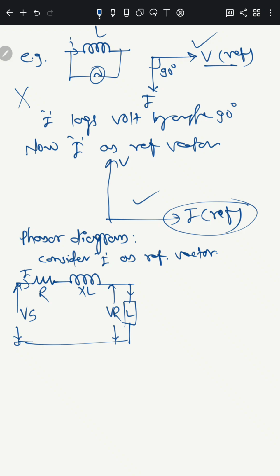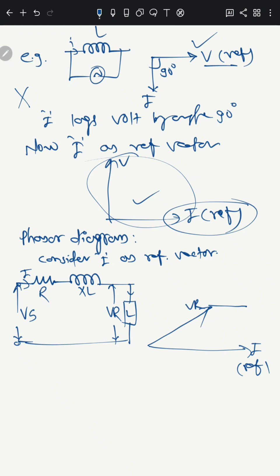If you consider the vector diagram, let us take current as the reference vector like this. Draw the vector VR. Then the IR drop is in phase with the current, so the direction of I and IR will remain the same.